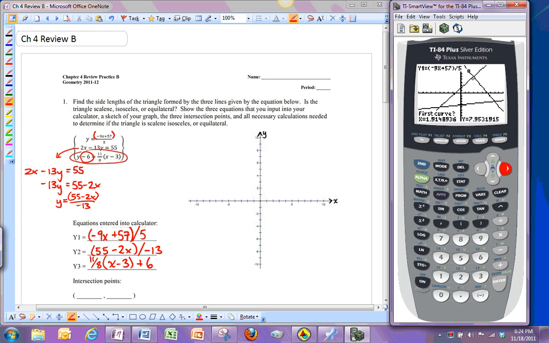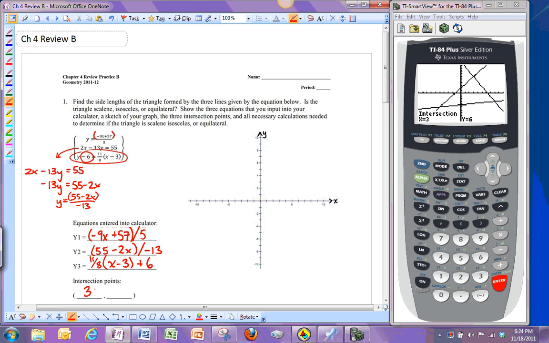So let's go for this intersection point. I'm going to mark this line and then this line. So enter. It's on the wrong curve right now, so I'm going to hit down and it'll switch to the next line. So enter there, guess close, enter: 3, 6. Okay, so I'm just going to plot 3, 6 right here.